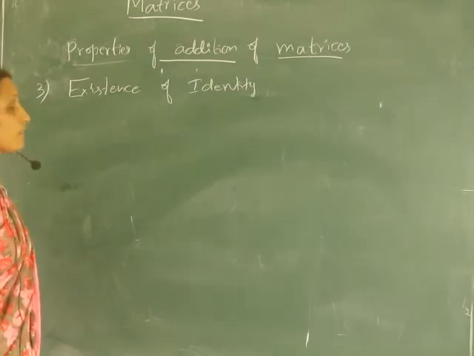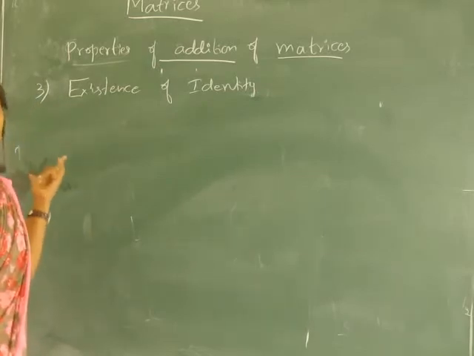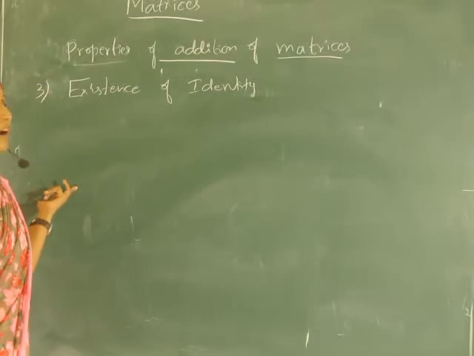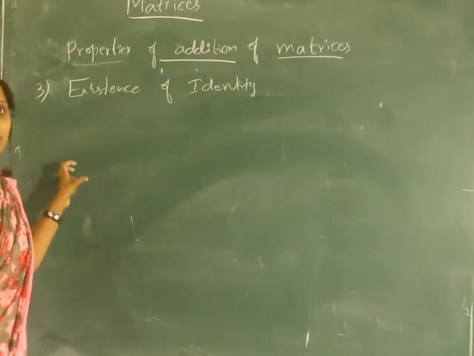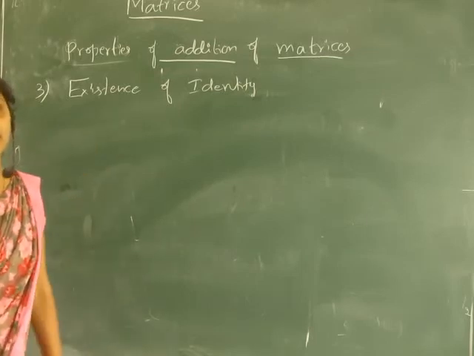So here existence of identity means similarly in matrices also there is one matrix such that when we add that matrix to a given matrix, we get the same matrix itself.